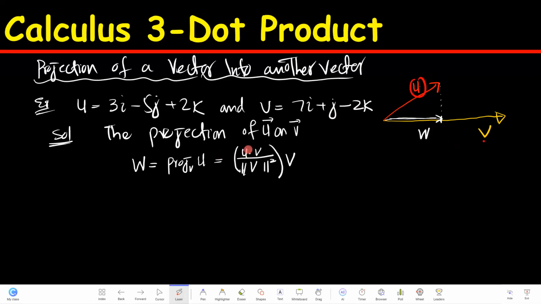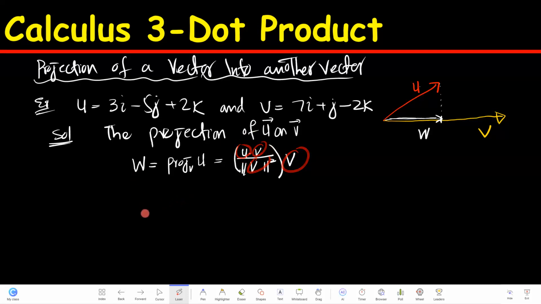So you can see here, U is coming here, dot V. Then the main vector V is going to come with the magnitude squared, and again it comes here. So bottom line, V comes here how many times? 1, 2, 3, and U only comes here once. So you have to remember the way it's written.